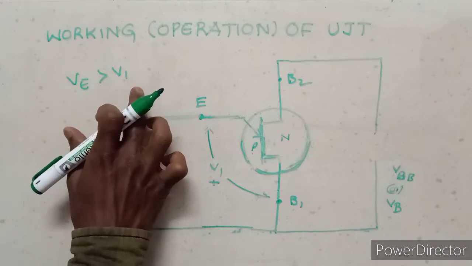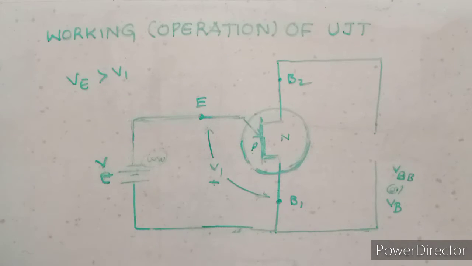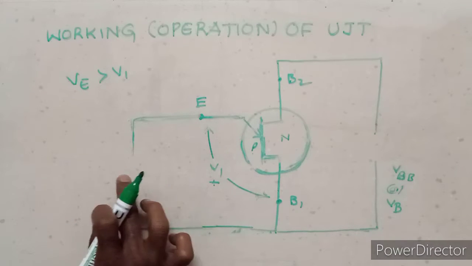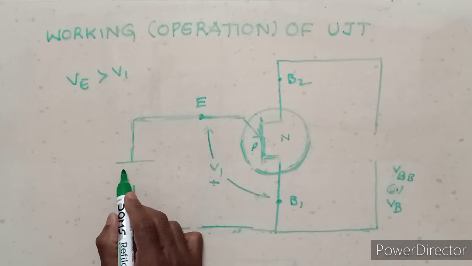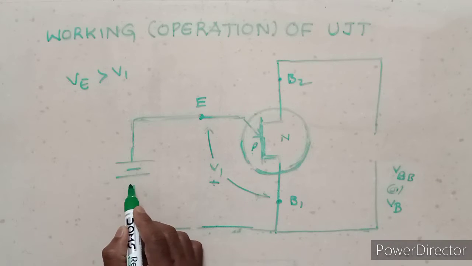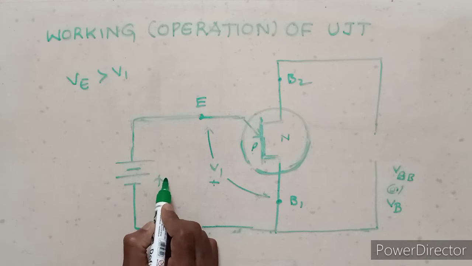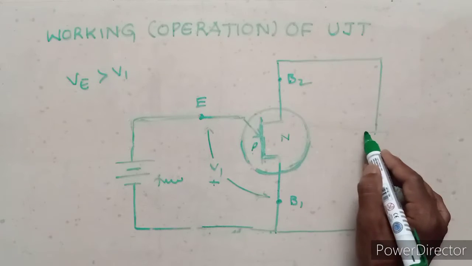So the PN junction becomes forward bias. The P type material is connected to positive and the N type to negative. So this is the forward bias. Always B2 is positive.